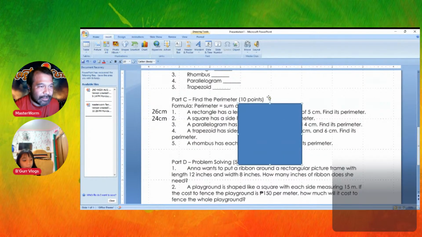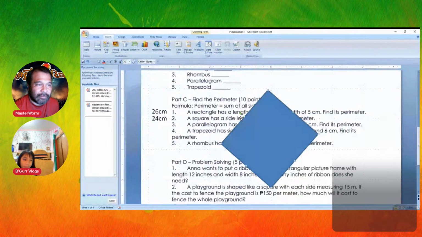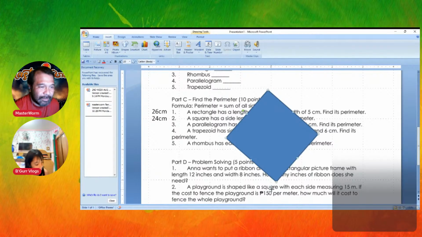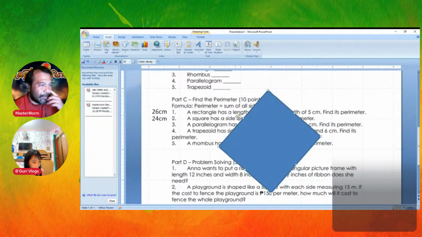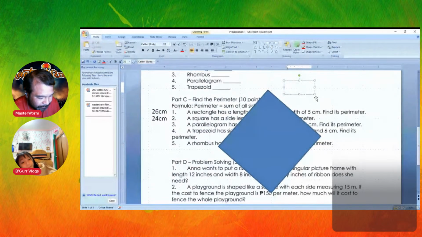So this is what the parallelogram looks like here. Let me just turn it around. This is just a sample, okay? So let's say, for example, this is from the left to the right. It says 7 centimeters.